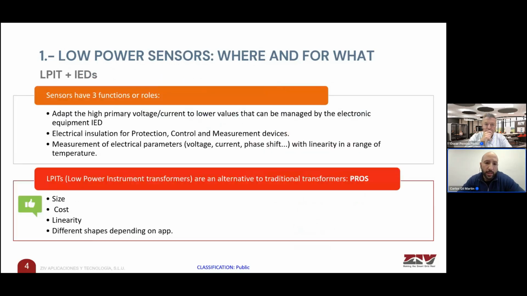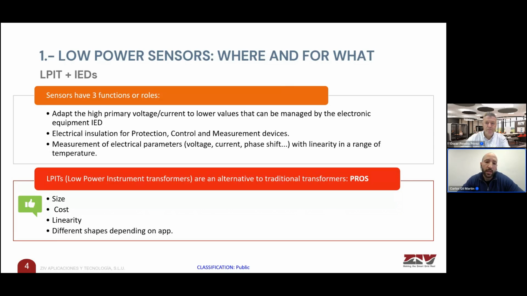Well, the low power instrument transformers, or also called sensors, as we have historically called them here in ZIV, have three main functions or roles. The first one is to adapt the high primary voltage or current to values that can be managed or handled by the electronic device.